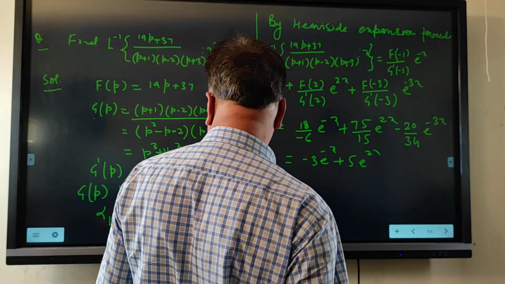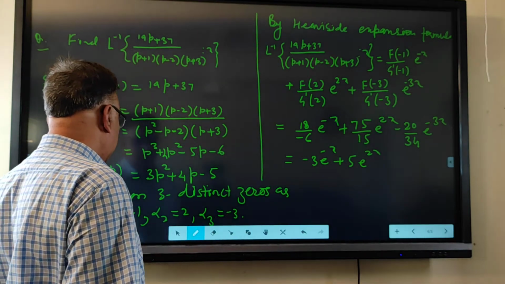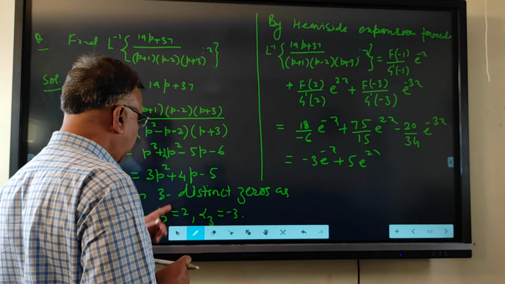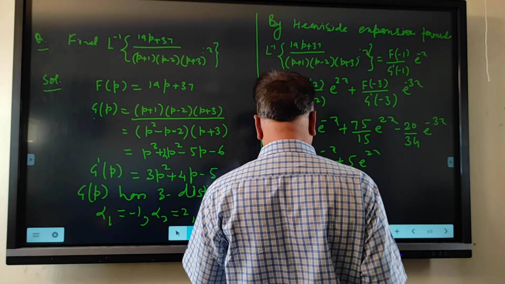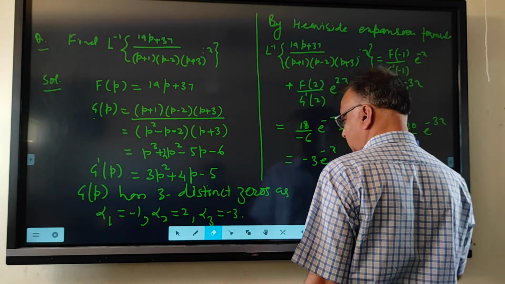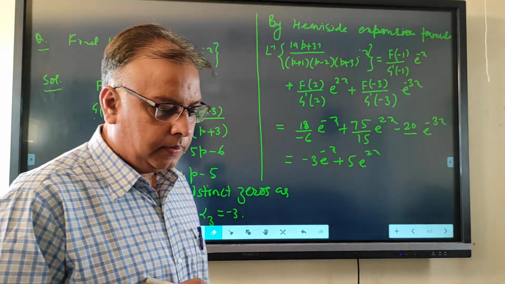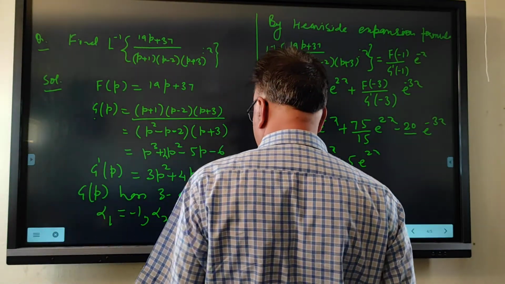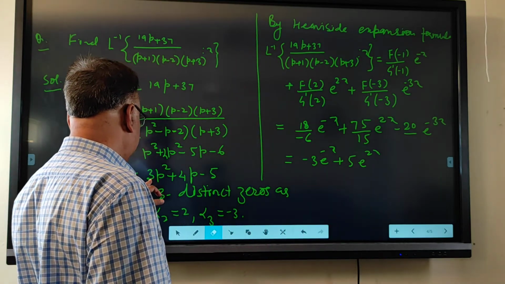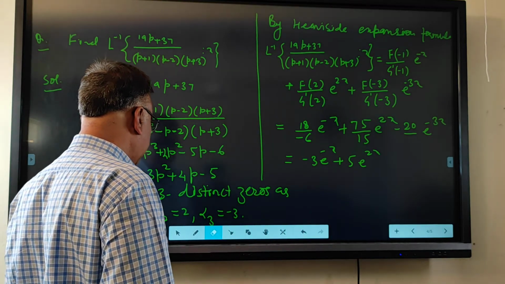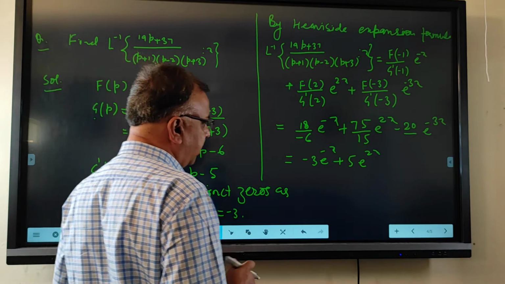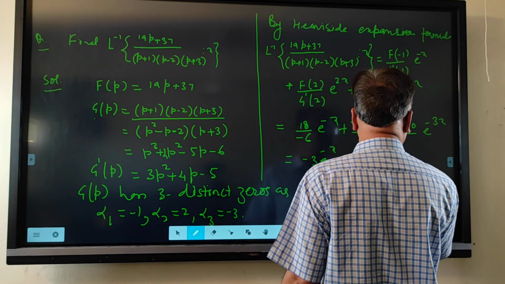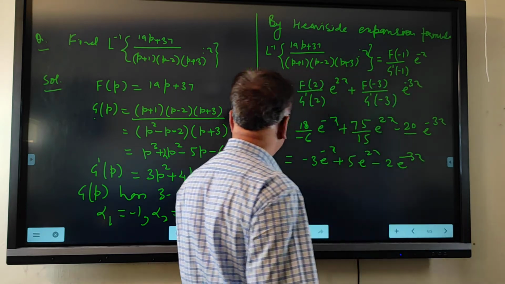G dash minus 3, not 3, is 27 minus 12 minus 5, that is 10, so minus 2 e raised to minus 3x.